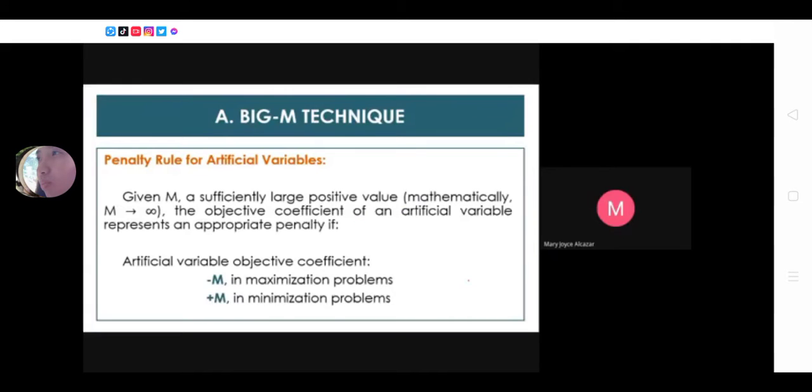So here is the penalty rule for the artificial variables. We will use another letter, which is M, a sufficiently large positive value; mathematically, M approaches infinity.